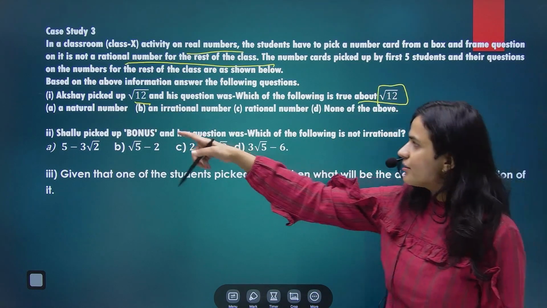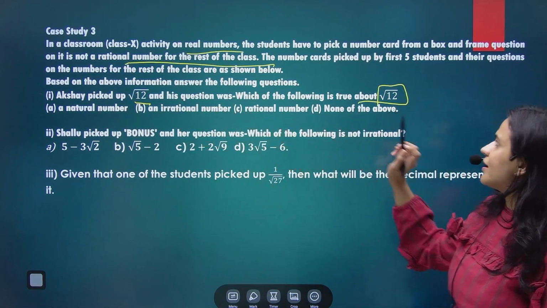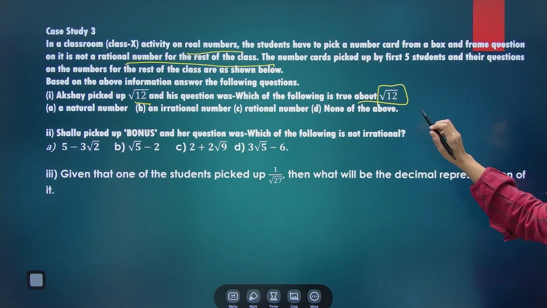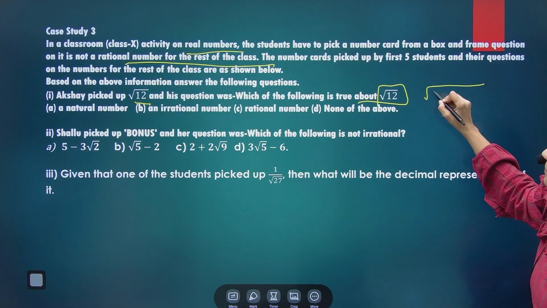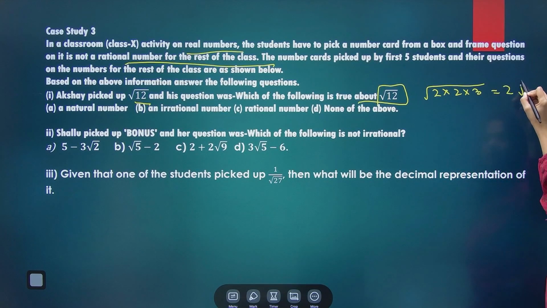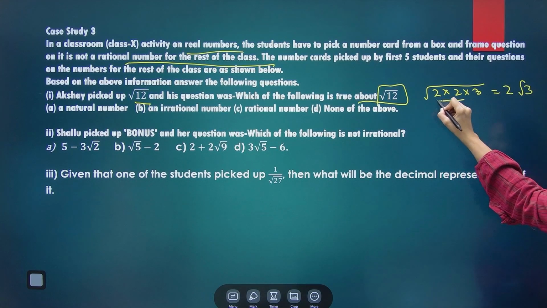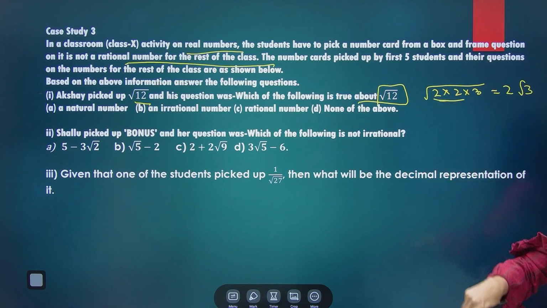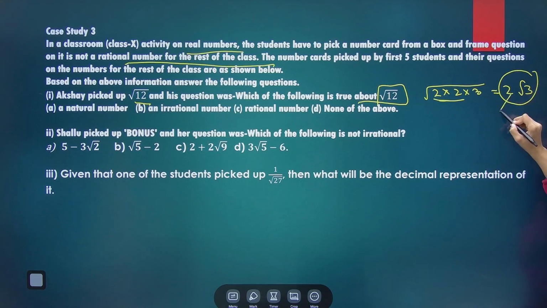Is it a natural number, an irrational number, rational number, none of the above? As you can see, root 12 को अगर मैं simplify करूँ तो मैं ऐसा लिख सकती हूँ 2 root 3, because one pair में से एक 2 will be coming out of the square root. Now, this is the product of rational and irrational. Always product of rational and irrational is always going to give you an irrational number.